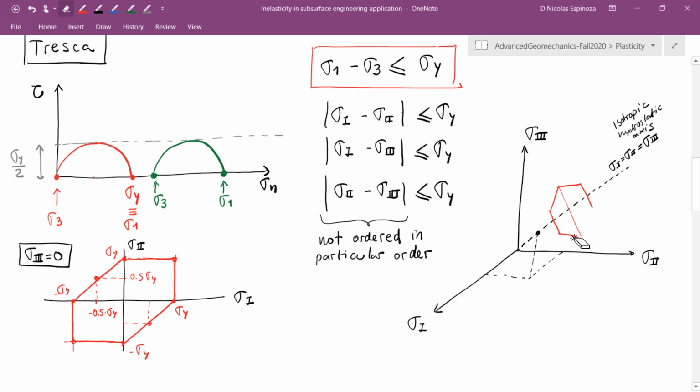Okay, let me try again these last two strokes. So this hexagon that you see over here in 3 dimensions translates to something similar to this, and the yield surface is going to be parallel to the hydrostatic axis, and it's going to look like a prismatic hexagon in 3 dimensions.